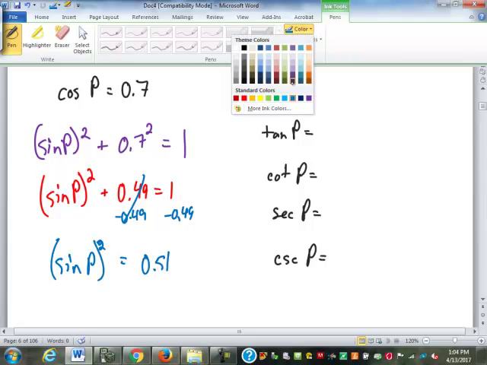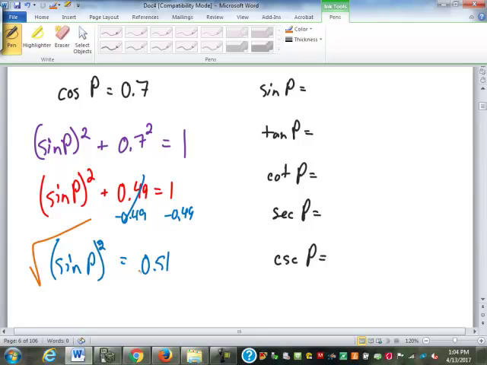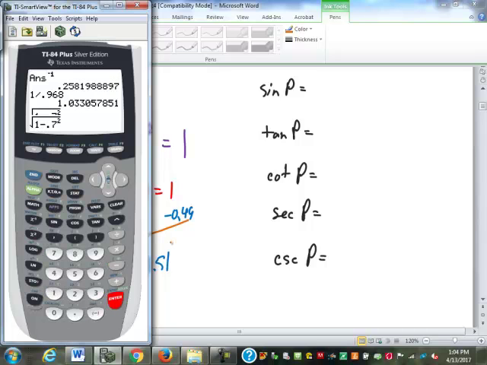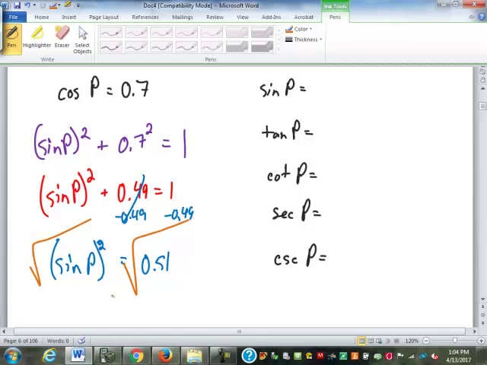So what do we have to do to solve? Square root. So we have 0.7141 for sine of P. How many of you got that? Just got the square root. So you had 0.51. On a test, that'll cost you all the points.